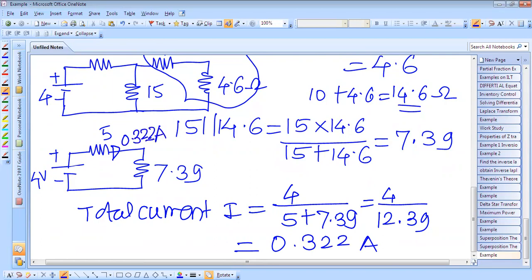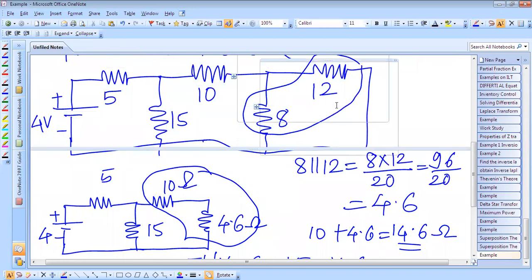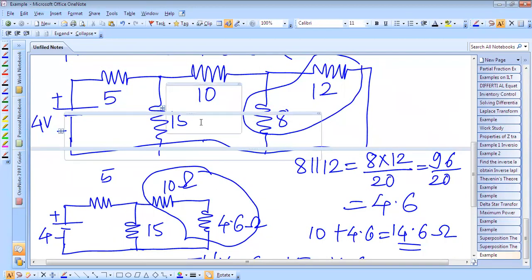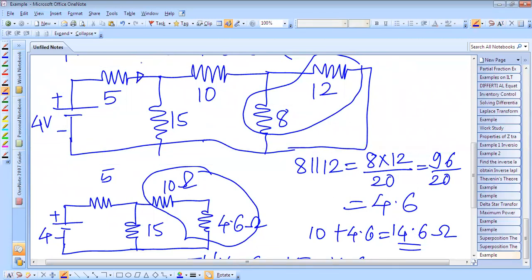Now this is the current flowing through this, 0.322 ampere. Now we have to find the current flowing through this 8 ohm resistor. Now we have got this current is 0.322. Now we'll find the current flowing through this.